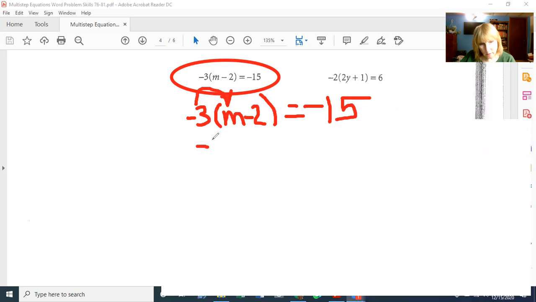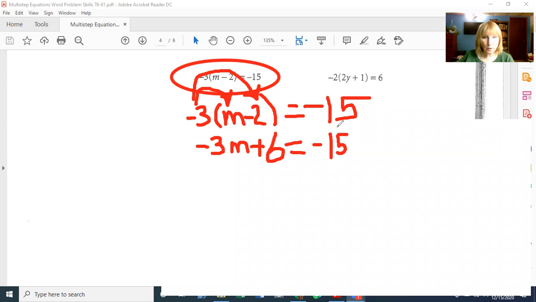That's going to give us -3m. And then we distribute again. -3 times -2. That's going to be +6. Right, two negatives together multiplied equals a positive. And altogether that equals -15. That doesn't change. Now we just do our regular algebra.